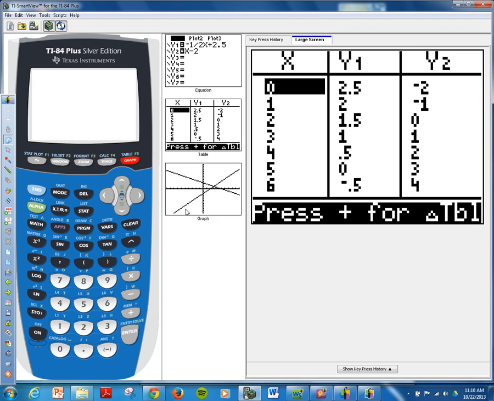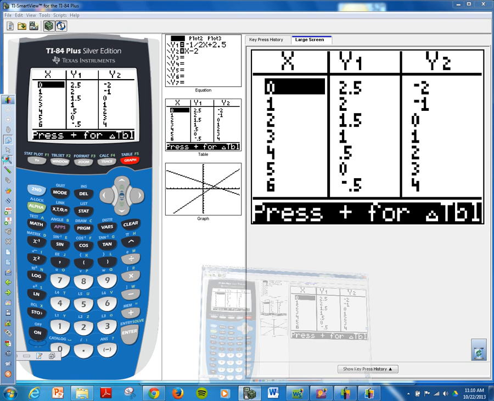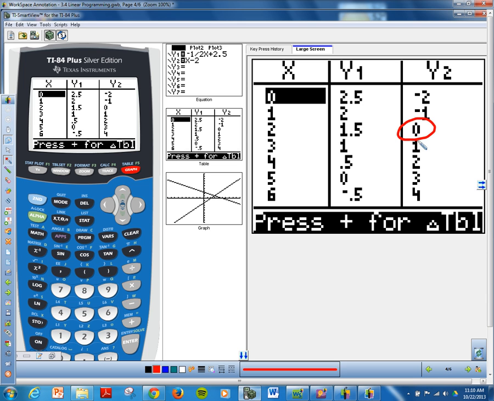So we want to figure out where y equals 0, what does x equal? So we're looking at this column, because here's our y-intercept, -2. So where y equals 0, what does x equal? 2. So where y equals 0, x equals 2. So that's one way you can figure it out.